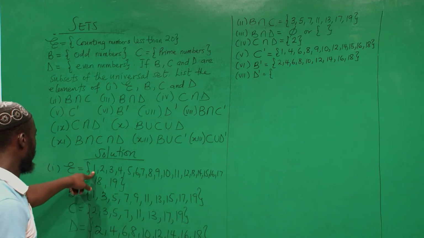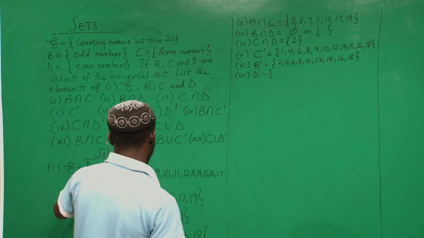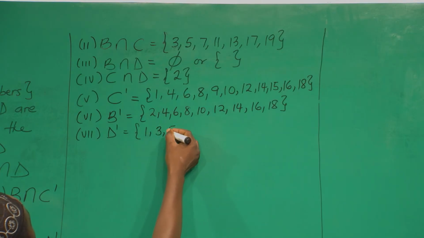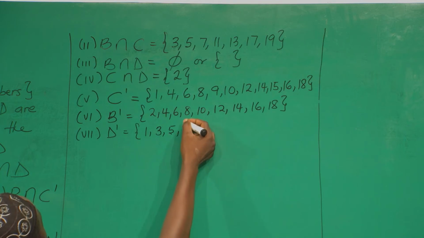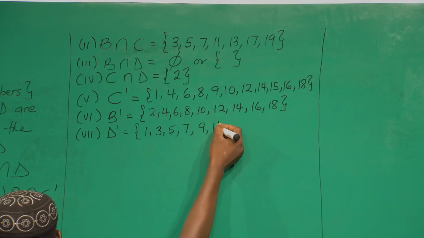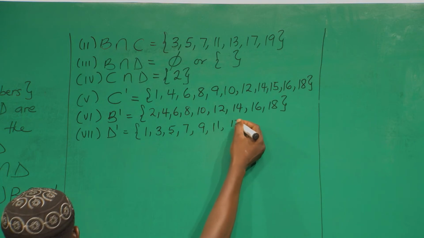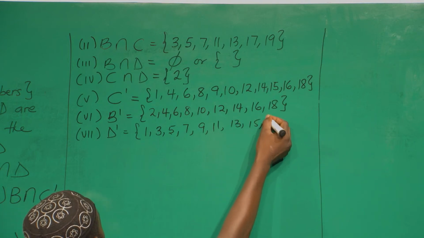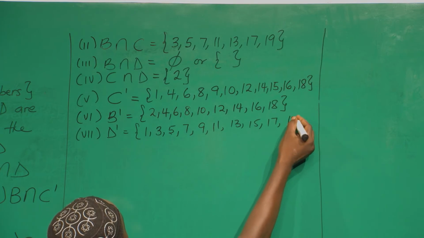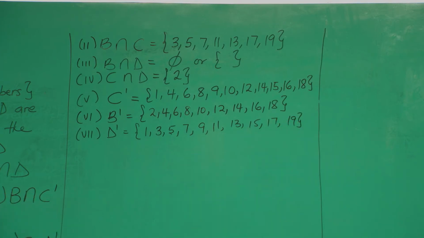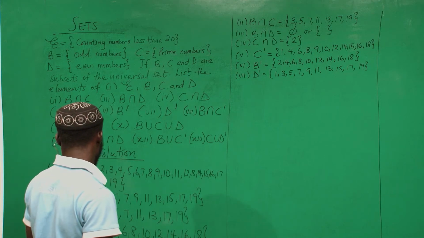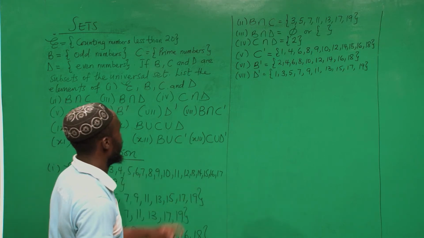So we have 1, 3, 5, 7, 9, 11, 13, 15, 17, then 19. In the B complement there was 19, that's why the 19 didn't come. Okay.